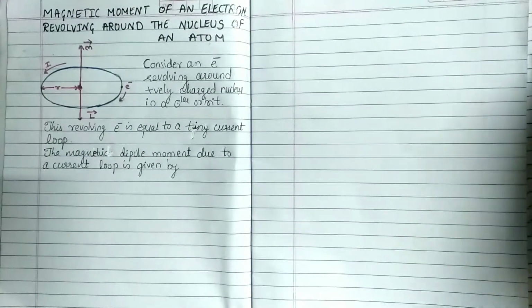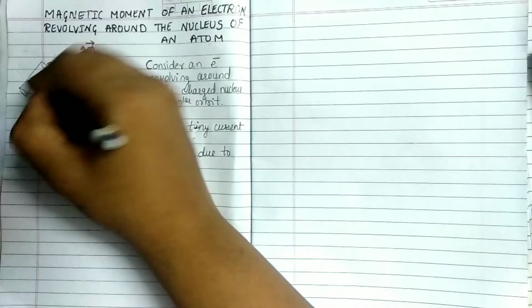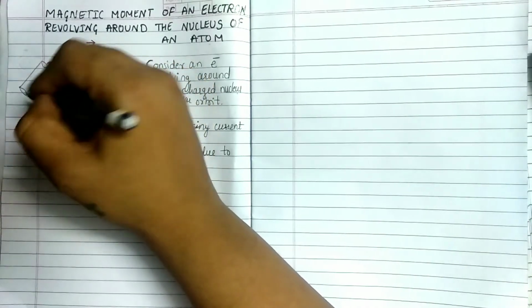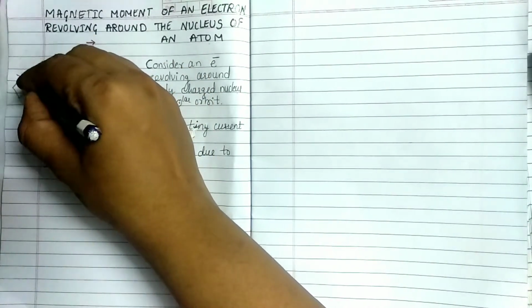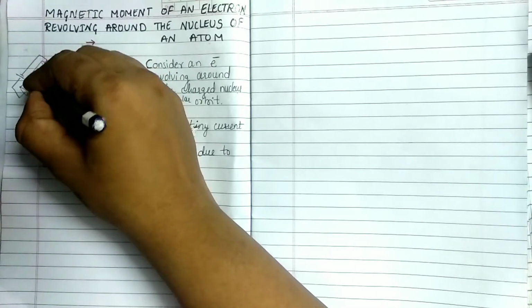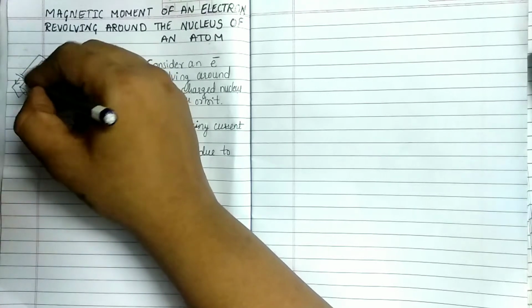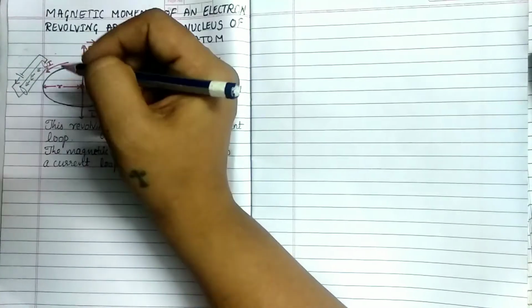As we are familiar with the current electricity concept, if this is the conductor containing free electrons, then if I give an external source to this, free electrons start moving towards the positive terminal of the battery, and the direction of the current is shown from the positive terminal of the battery.